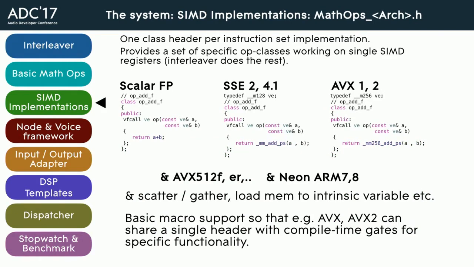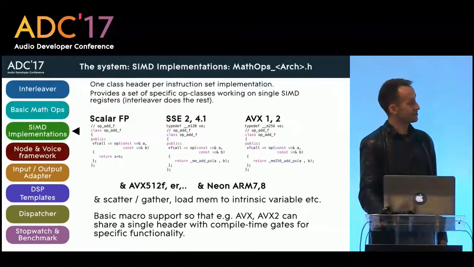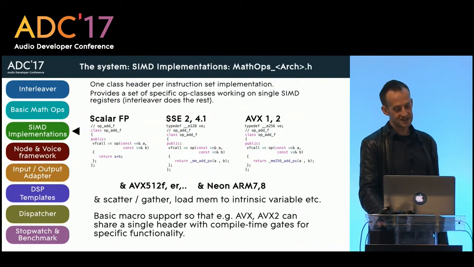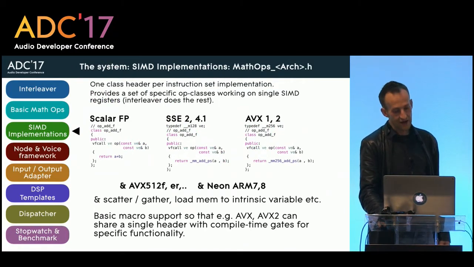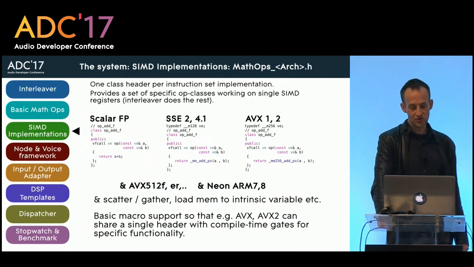So we have one implementation class for each of the instruction sets that this library targets, which is scalar floating point, SSE 2 through 4.1, AVX 1 and 2 on some of the newer Intel processors, AVX 512, which is Intel's latest and greatest. If you go out and buy one of the new i7s or i9s, that may have this instruction set on it, and then the Neon instructions used on ARM.